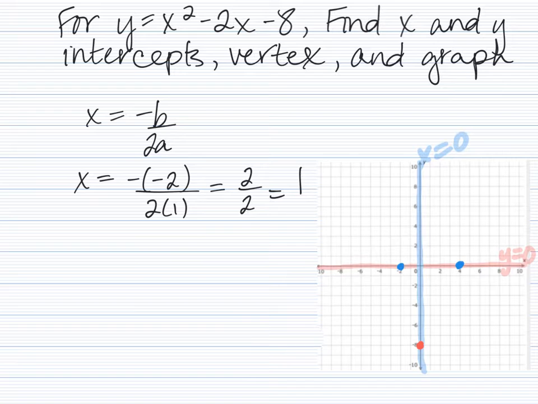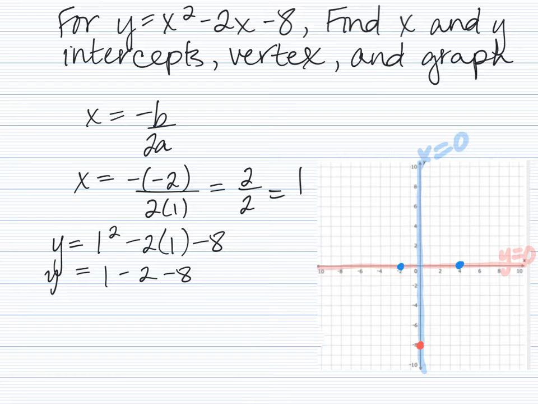My y value I need to find by plugging back into my original equation. So I have y equals 1 squared minus 2 times 1 minus 8. 1 squared is 1. Negative 2 times 1 is negative 2 minus 8. 1 minus 2 is negative 1 minus 8 is negative 9.